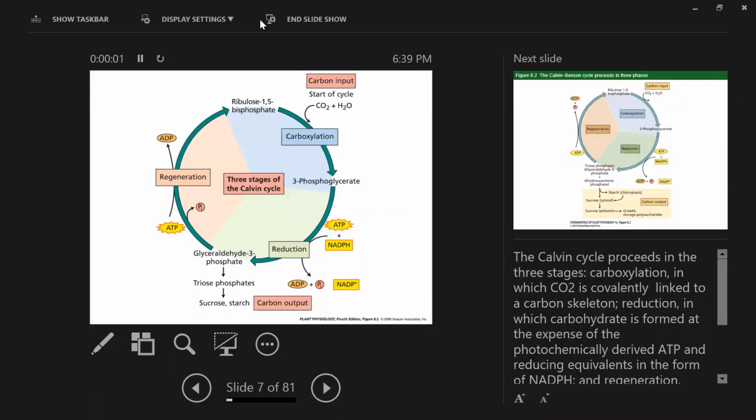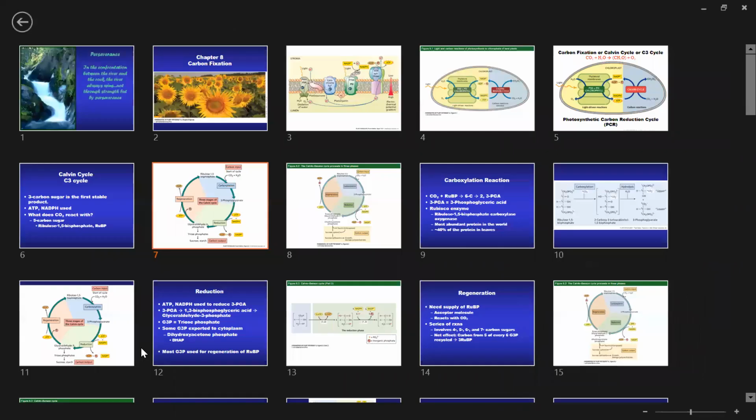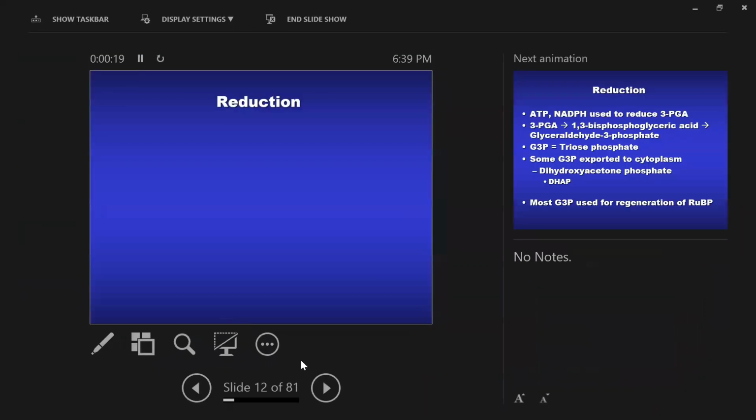So we just talked about carboxylation to get you that PGA, 2 identical molecules of PGA. So that's the carboxylation reduction. Any questions on that?